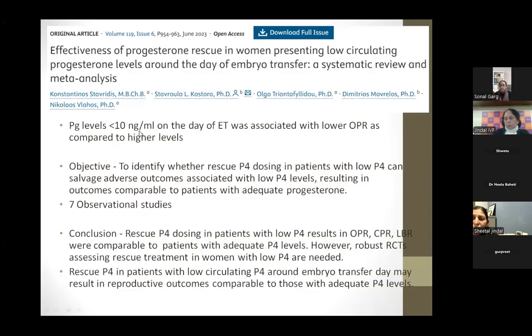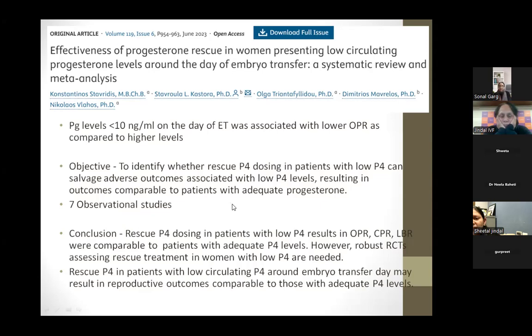Various studies quote different values, but usually a progesterone level of 10 nanogram per ml is considered necessary on the day of embryo transfer in most frozen cycles. Progesterone levels of more than 10 were considered optimum for optimal clinical pregnancy rates, and levels less than 10 were associated with lower ongoing pregnancy rates as compared to those higher levels.